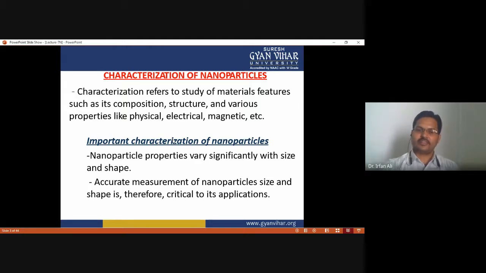That is why it is essential to measure the size and shape of synthesized nanoparticles. Accurate measurement of size and shape is critical to their applications, because the applications solely depend on shape, size, physical, chemical, electrical, magnetic, and optical properties, and composition.